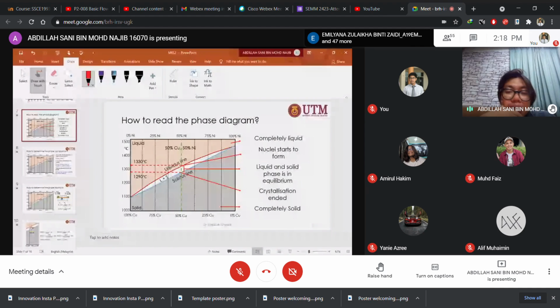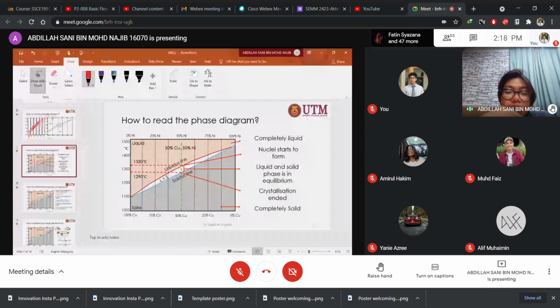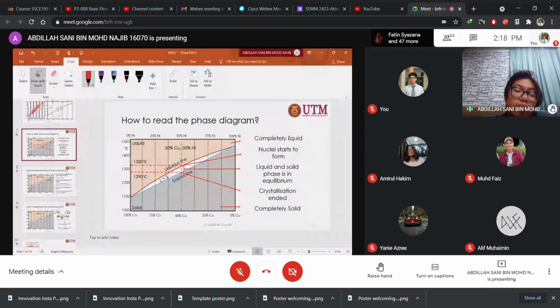For example, if you have 50% copper and 50% nickel, what is meant by 50% is the atomic percentage. Atomic percentage, you measure by mole.